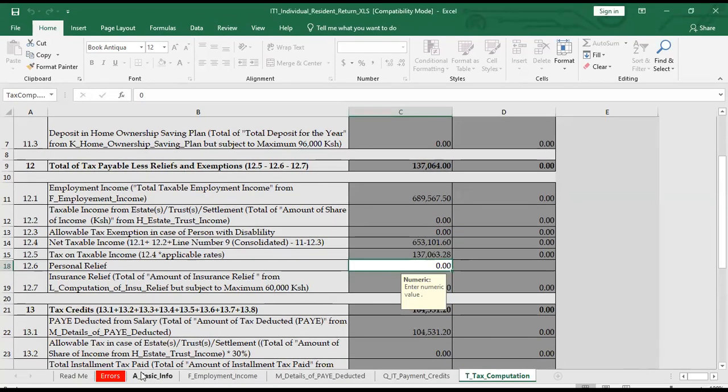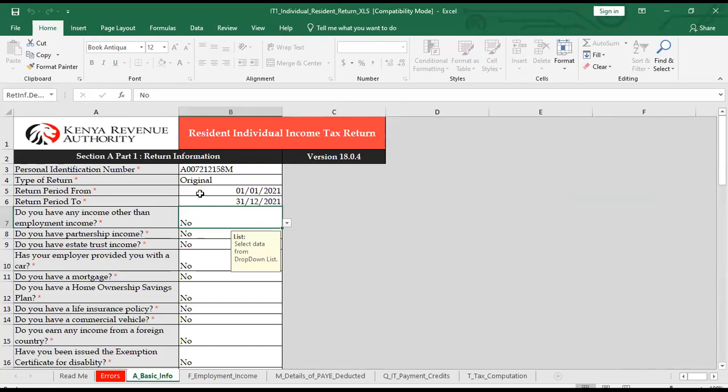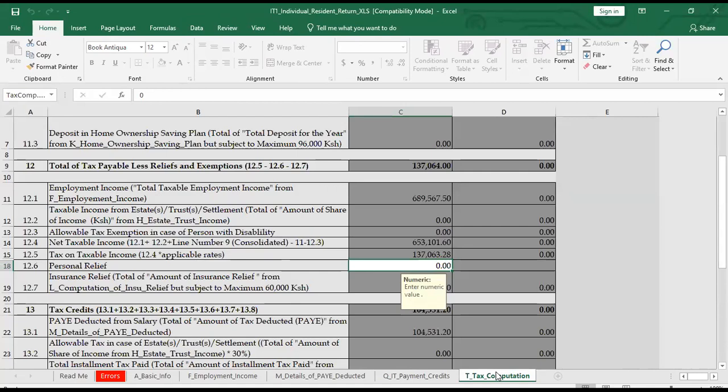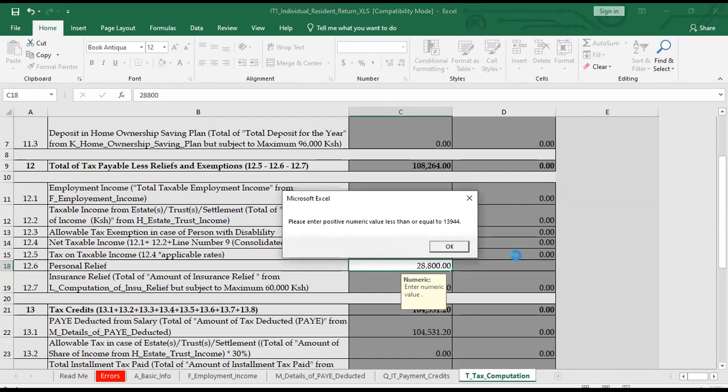What if I used maybe the rates for last year? Here you are seeing it is telling us the personal relief for last year total was 13,944. That is the relief for last year.